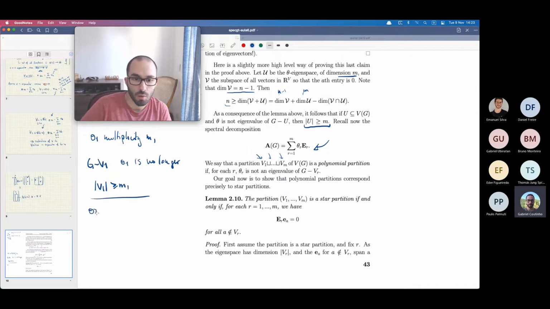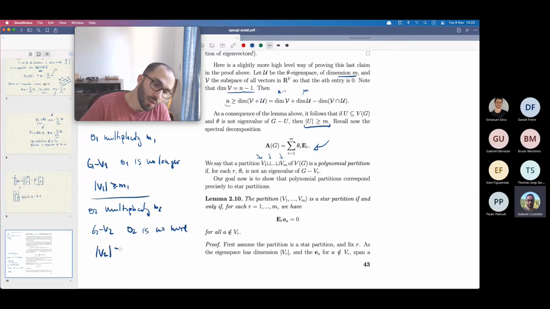Same thing now, theta 2, multiplicity M2, you go there, G minus V2, theta 2 is no more, and then V2 has size at least M2, and so on.